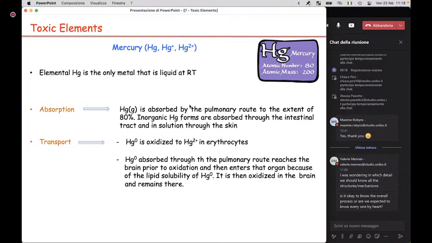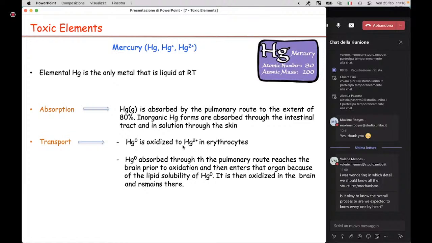On the other hand, apart from the metallic form, the cations are not volatile, of course, but they can be very easily absorbed through the skin and through the intestine, in particular when they are in metallo-organic form. The metallic form of mercury is oxidized to the cation in erythrocytes, the red blood cells.